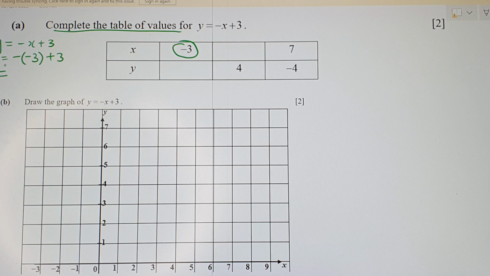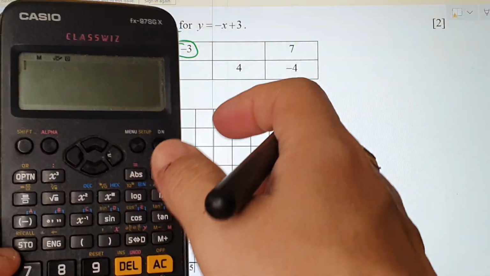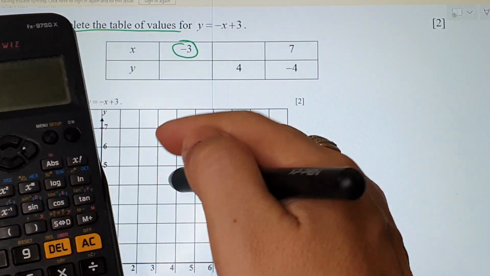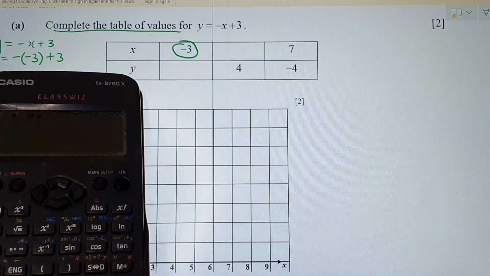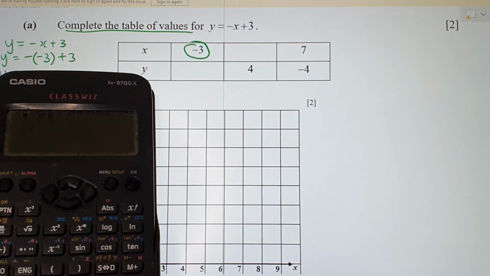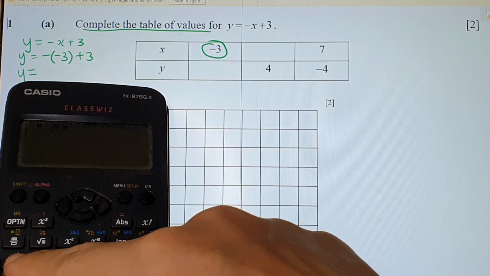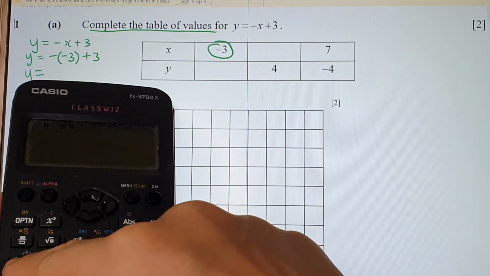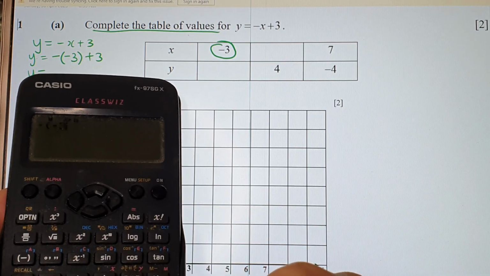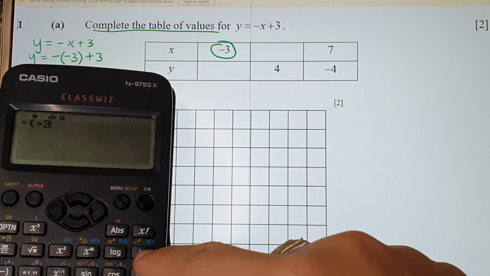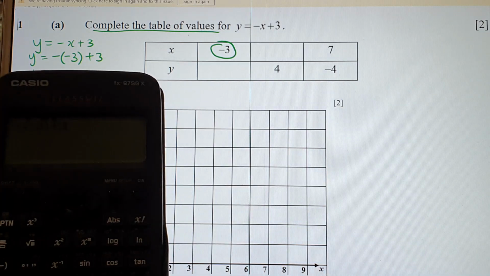Then what do you do? You press your calculator. Okay, don't use mental calculation. You press calculator. Press what? Press whatever you see here. Minus, you press minus, minus, then bracket minus 3, okay, then you close bracket, then you plus 3.